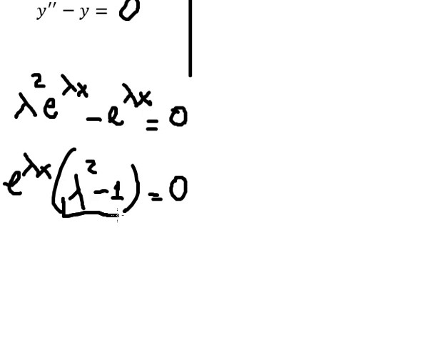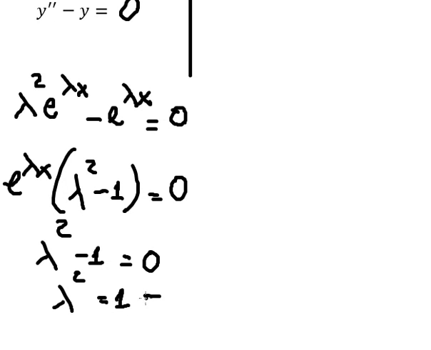So we need to find the solutions of this one. So I will put negative number 1 go to the right. And this one we have lambda equals to number 1 and lambda equals to negative number 1.